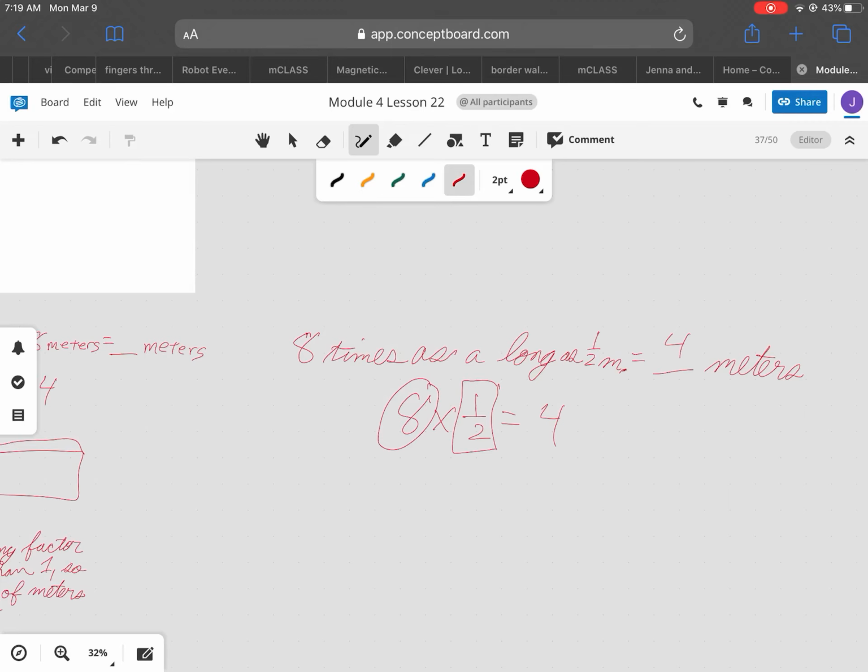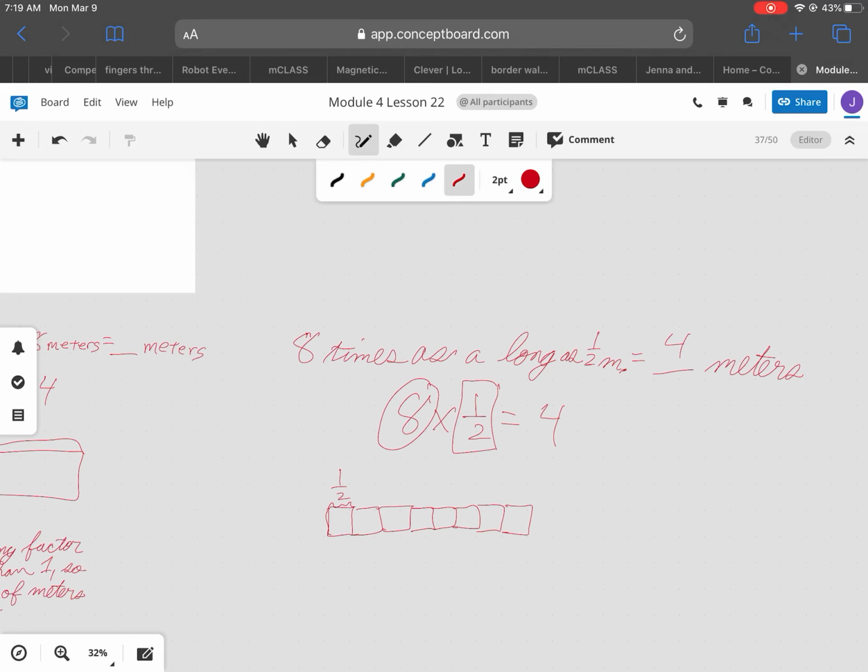Okay, so our meters starts off as 1/2. So we're only talking about this part. This is 1/2. 1/2 of what? We don't know. But that's all we're talking about. But we're going to do it 8 times: 1, 2, 3, 4, 5, 6, 7, 8. Okay?